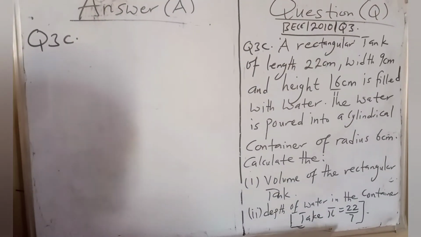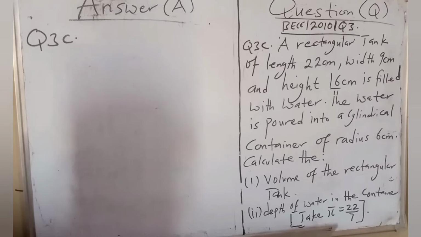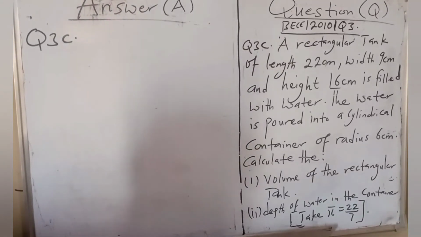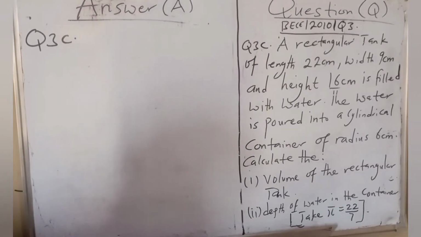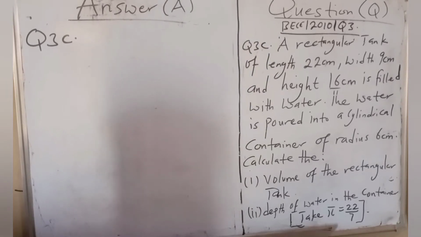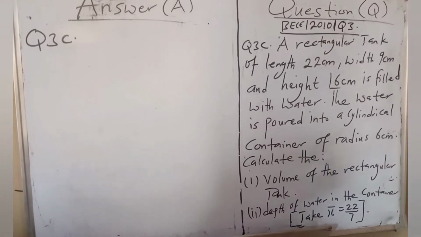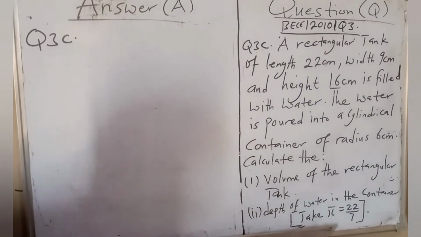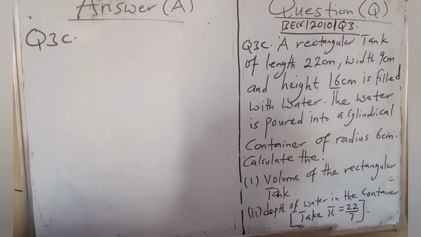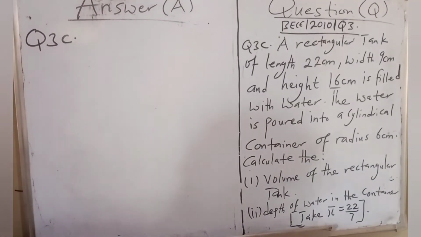Before we answer this question, I would like to say one or two things about the question. Now, the first part of the question says we should find the volume of the rectangular tank. We must note that when they say rectangular tank, they are actually referring to a cuboid. Now, the second part I want to mention is that the tank is filled with water.